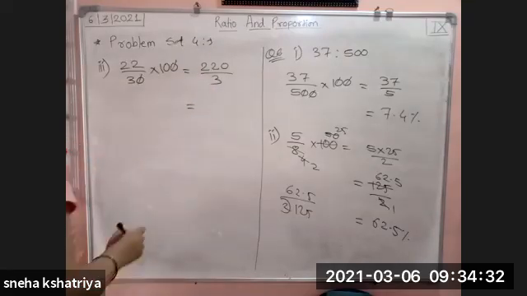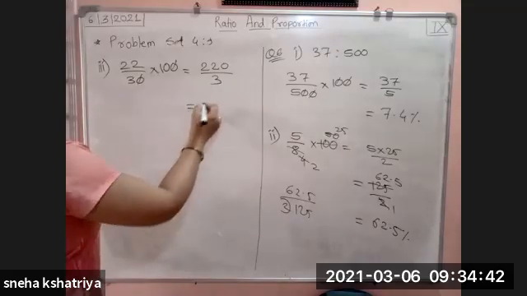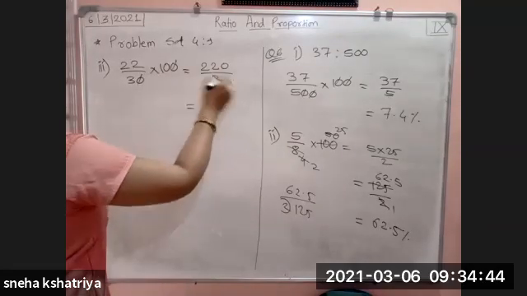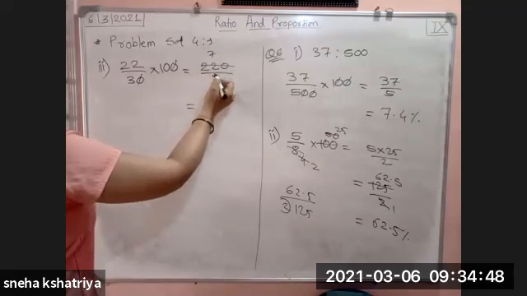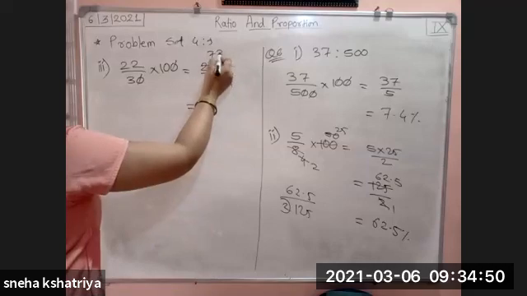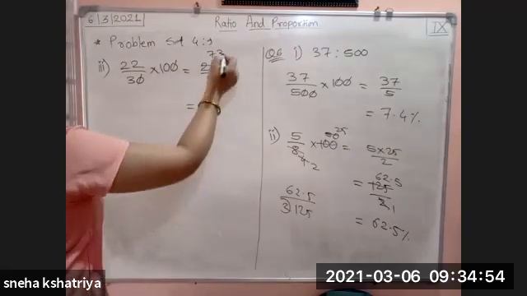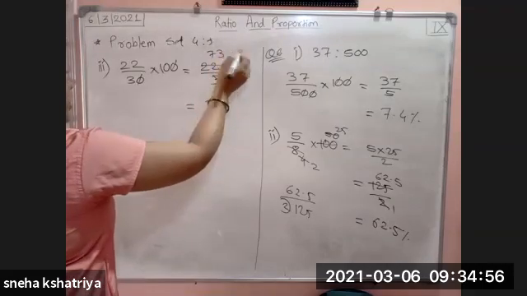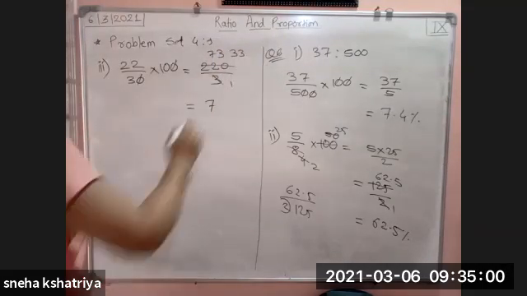Now divide by 3. 3 7s are 21. 1 remaining, 0 is 3. 3 3s are 9. 1 again remaining, 0 point. Again take 0, so again 3s, and that will be recurring.